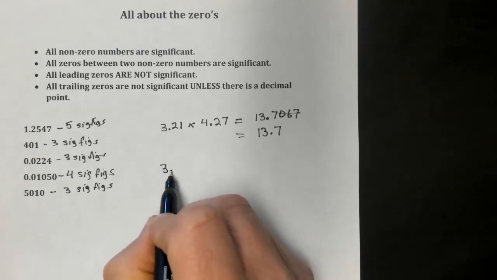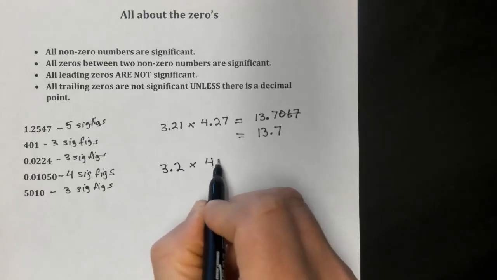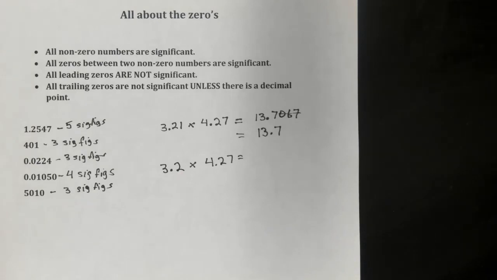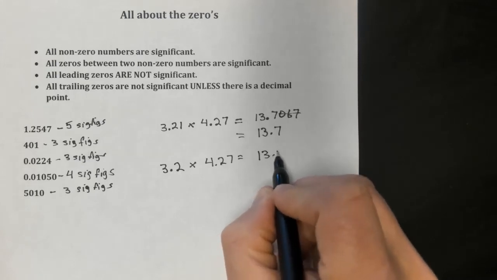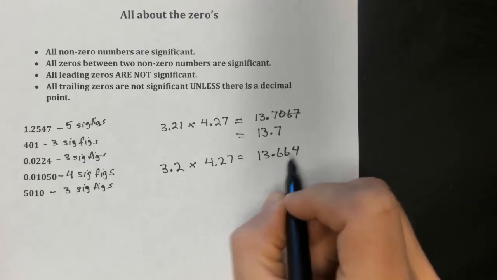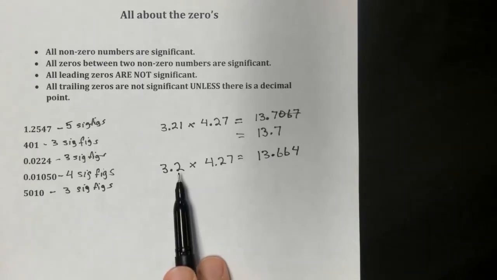What happens if it's 3.2 multiplied by 4.27? My calculator gives me 13.664. But we only have 2 significant figures in this number.